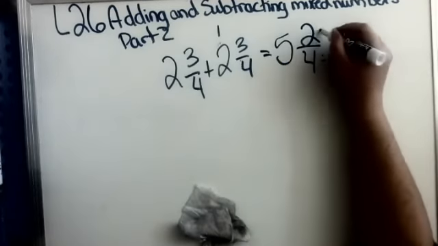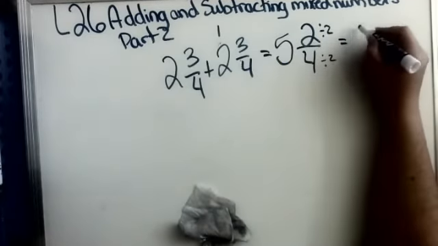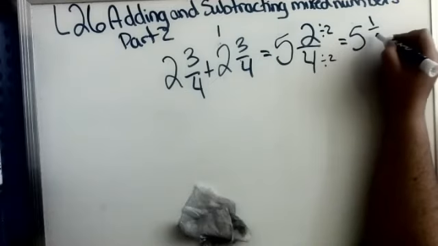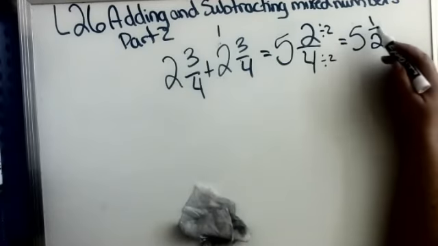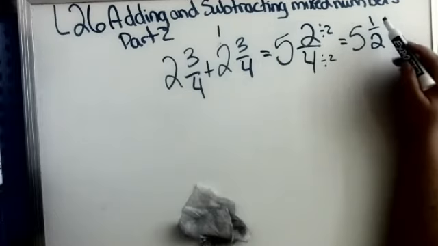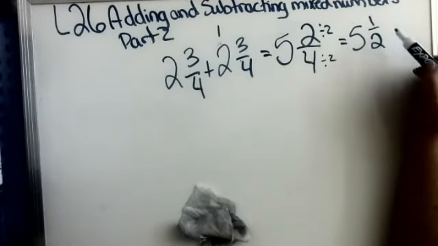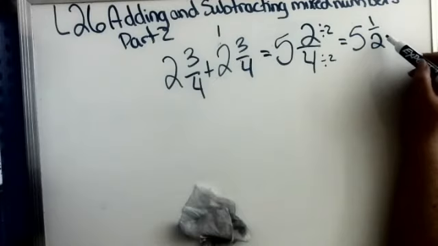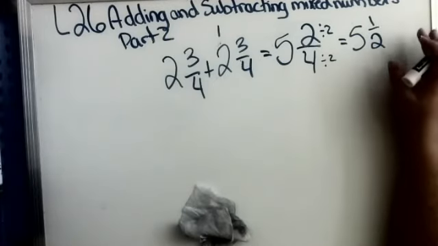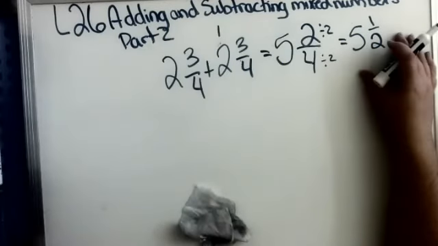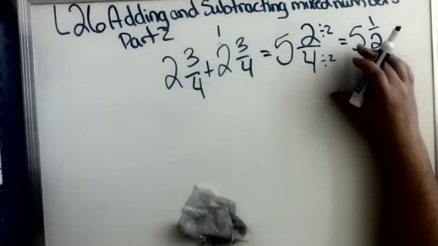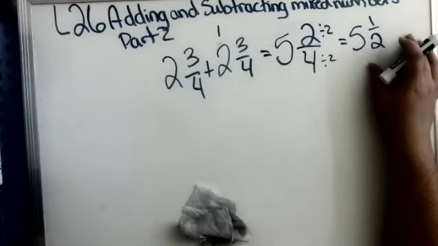So I'm going to divide both by 2. I'm going to get 5 and a half. I know that this is lowest terms because 1 being at the top doesn't allow me to reduce it any, and they're both not even numbers. That is lowest terms, or the 5 2/4 reduced.